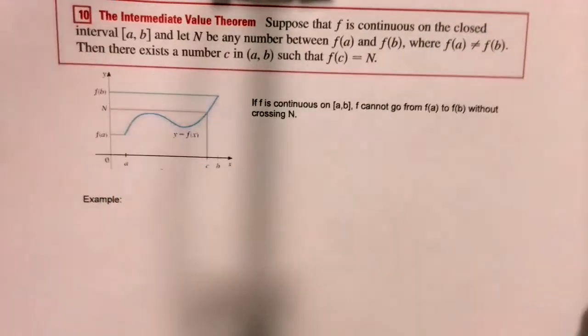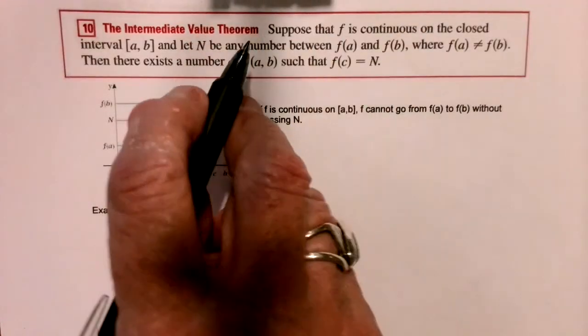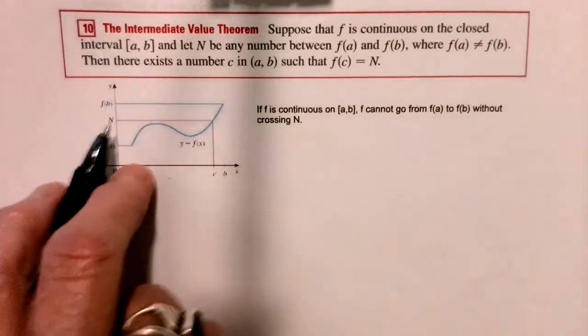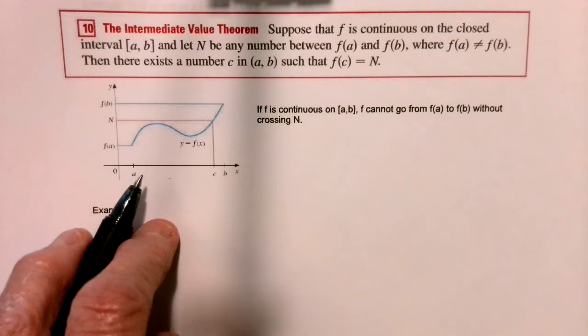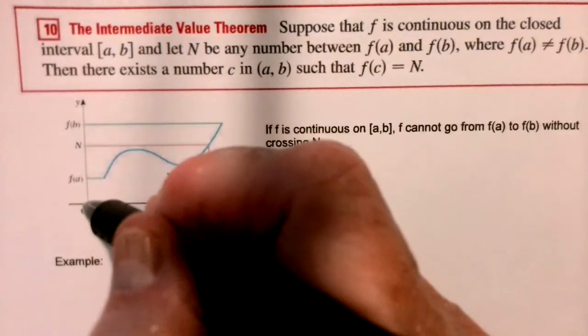And then let's talk about the intermediate value theorem. Okay, the intermediate value theorem says, suppose that f is continuous on the closed interval from A to B, and let n be any number between f of A and f of B, where f of A doesn't equal f of B. So n is in between these two y values.